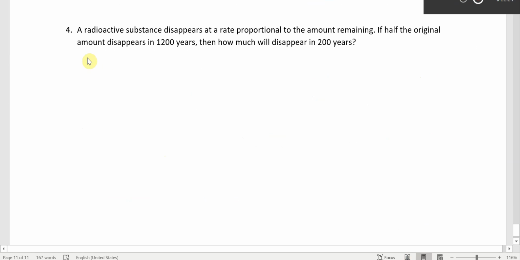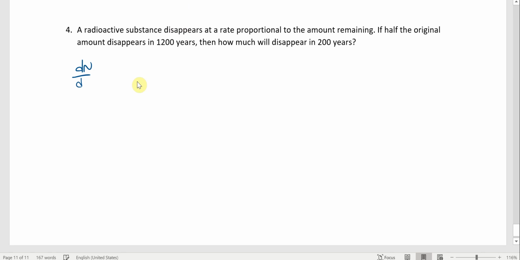So let us take another question. The radioactive substance disappears. Disappears means it is decreasing. So negative growth, that is dN by dt equals minus kn, minus important. So next 1 over n dn equals minus k dt, as it is integrating, minus kt plus c.